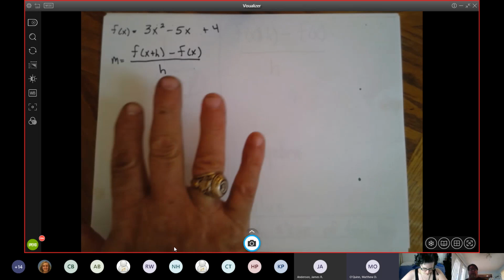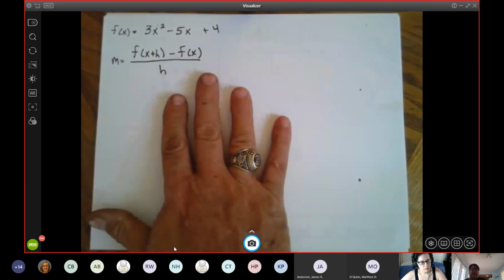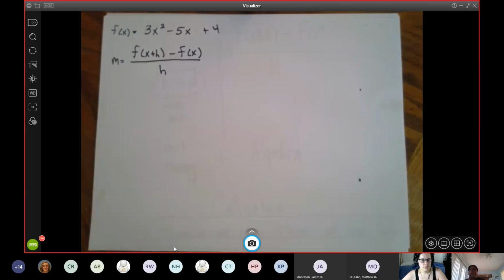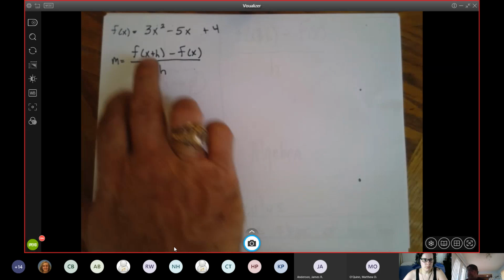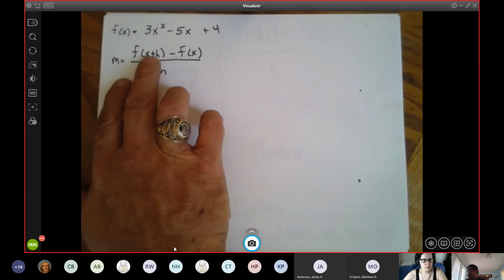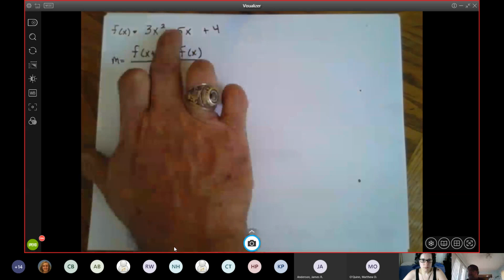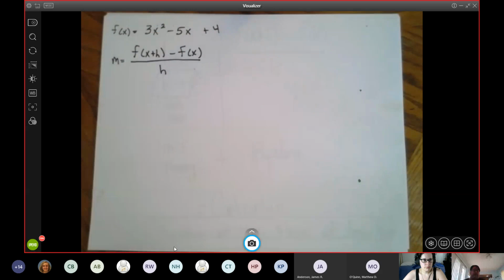Now, right now, we're not doing a limit theory, okay? Right now, we're just going to do the difference quotient. So I just want you to do the difference quotient. You know you got to plug in that x plus h. You got to rewrite this with a big set of parentheses. And then you got to subtract this. And then you got to put it all over h.